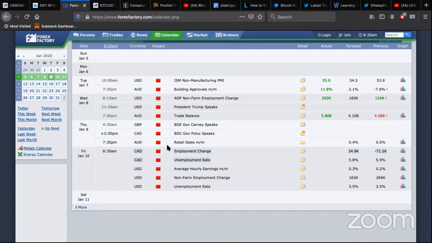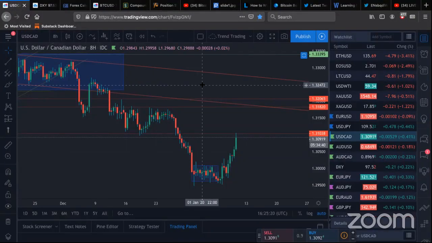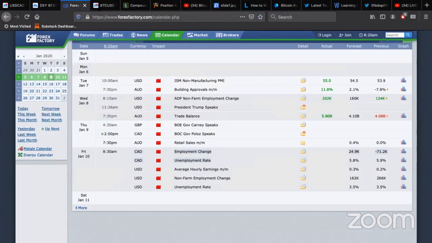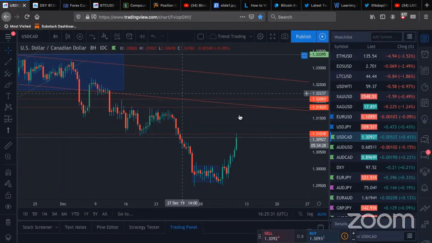Right now is a time to be managing open positions, not initiating new positions. Maybe after tomorrow, after this data gets out of the way, even though it's a Friday, might be a good opportunity, if the setup is clear, for us to get into some trades.